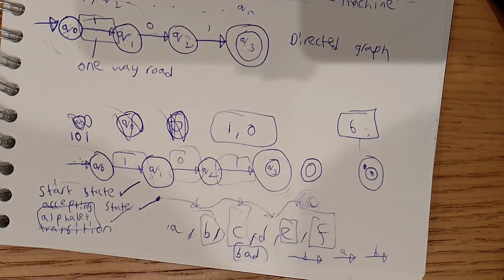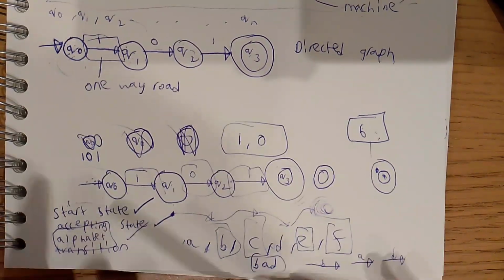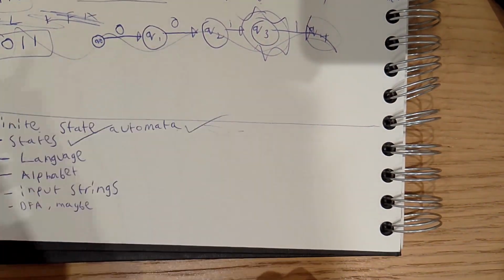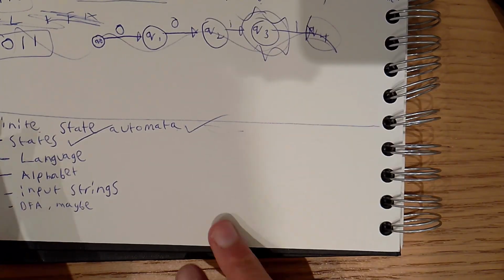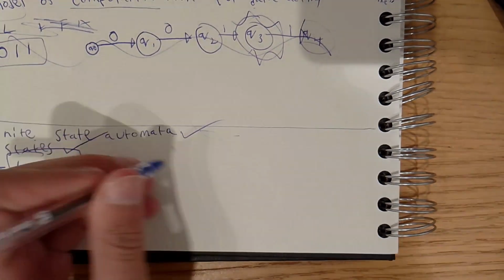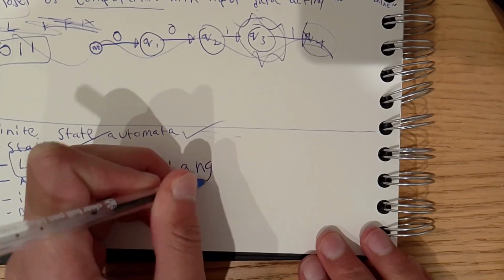Now, I think that's mostly all of the terminology you need for it. We talked about states, we talked about the automata, we talked about the alphabet. Oh yeah, the language. Language comes from the alphabet.